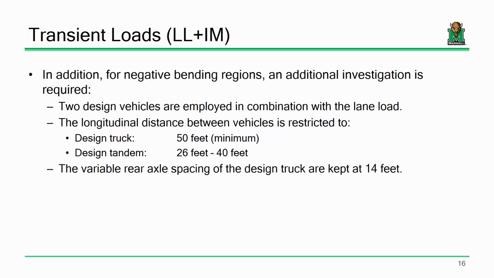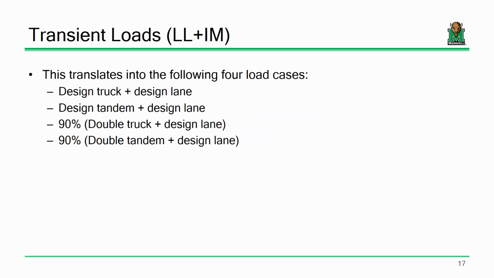So we have a special load case that we have to do anytime we have a bridge that has a negative bending region. What we end up doing is putting two trucks on the bridge spaced at a particular interval. And I've got some pictures that draw this out in a little bit.